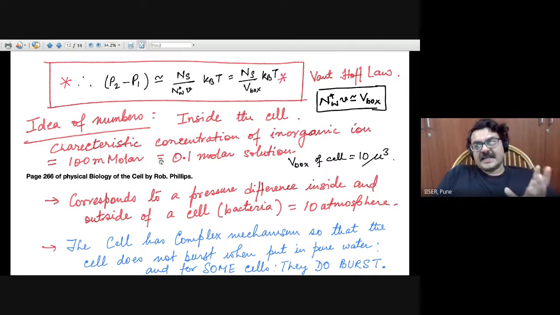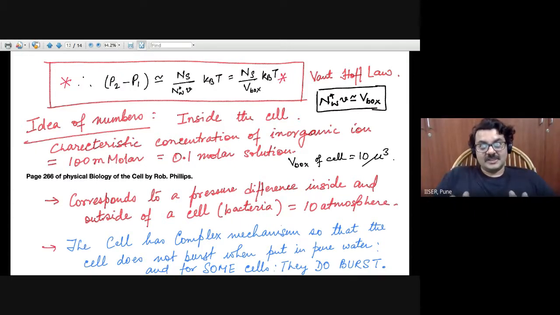So within the cell, how much is the osmotic pressure? In real terms, if you put in the numbers, 10 to 100 millimolar corresponds to a pressure difference inside and outside of the cell of around 10 to 100 atmospheres. That's high. One atmosphere is a number which you can relate with, and inside the cell there is much more.